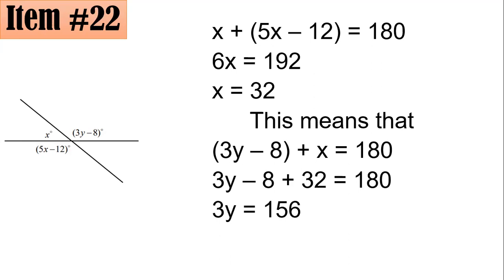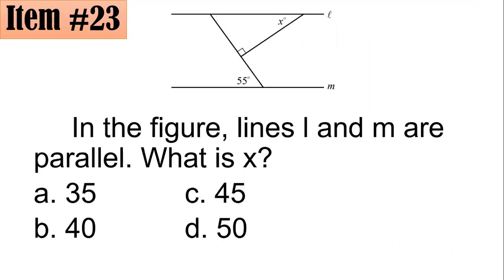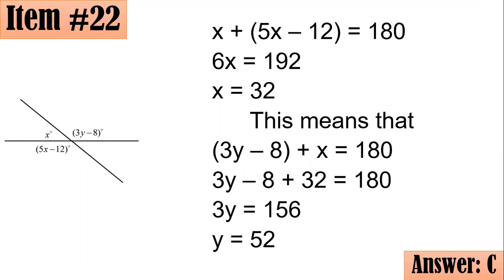Dividing both sides by 3 gives us y equals 52. So therefore, the value of y here is 52 and x has to be 32. I hope you got it. By the way, that's letter C.